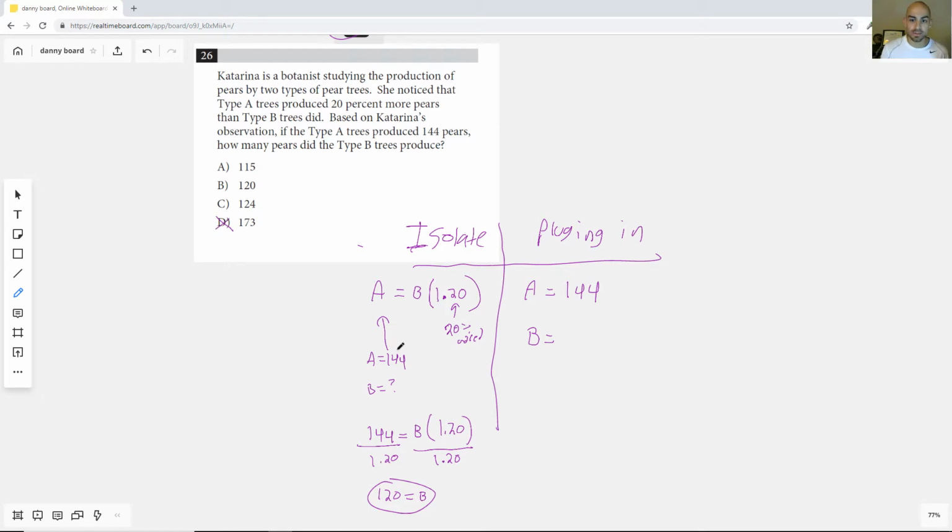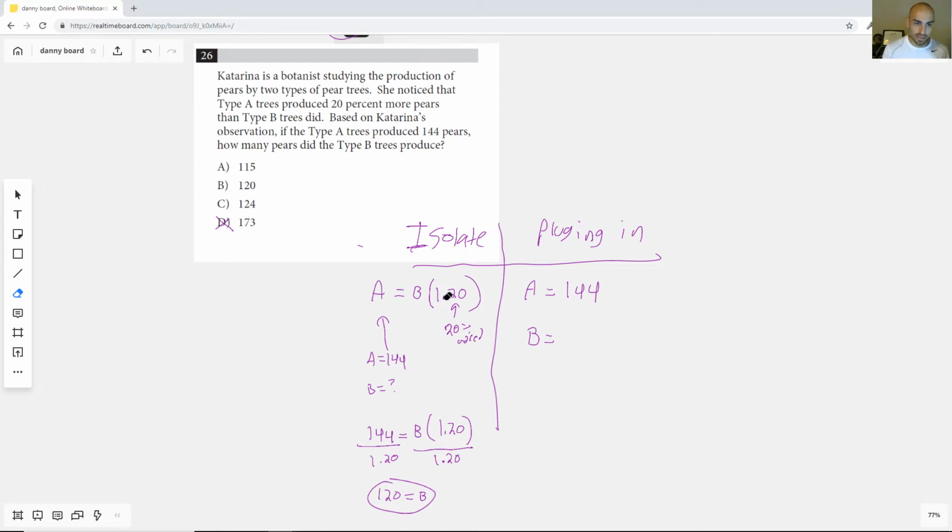First thing we know is that it has to be less than 144 because we're seeing that A produces more than B. But also, if we take 20% of B and add it back into B, if we multiply this number by 0.20 and then just add it back in to that original number, well then that's going to tell us if it gets back to 144 that it's the answer. So let me do it in real time and we'll see if that makes a little bit more sense.